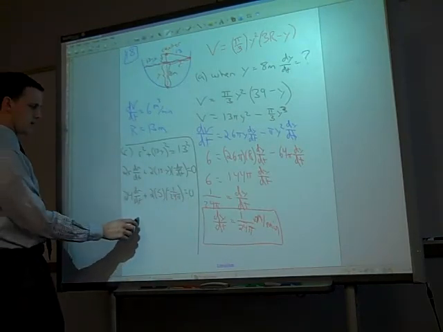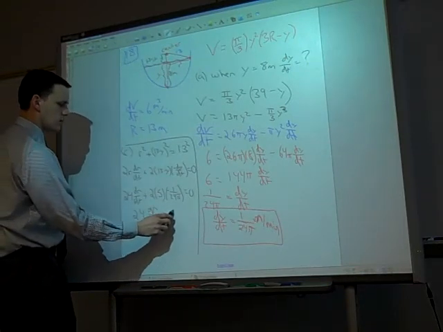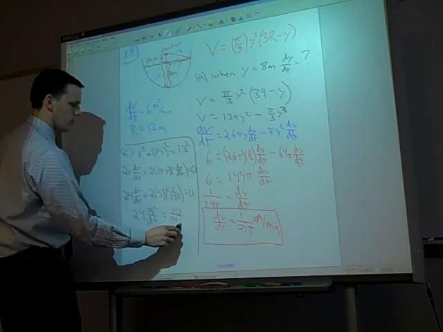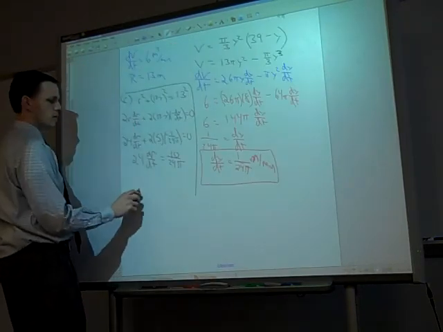So simplifying, we get 24 dr/dt equals 10 over 24 pi.